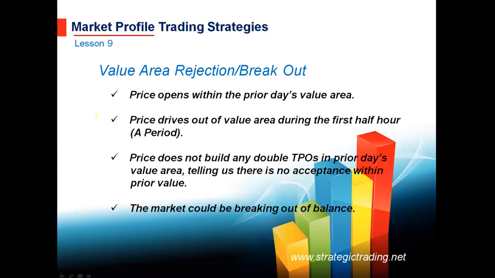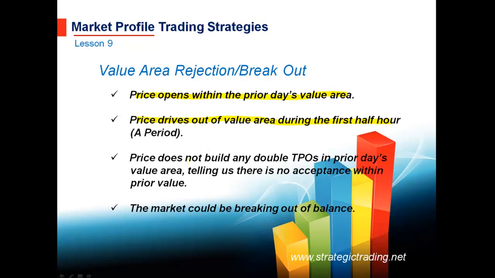So the same thing will happen. Price will open within the prior day's value area, just as it did when we had the acceptance. But here's what we begin to see happening. Price drives out of the value area during the first half-hour period. Because the market is rejecting the prior day's value area, we will begin to see that the market wants to move out of that area very quickly, and it will become apparent during that first half hour.